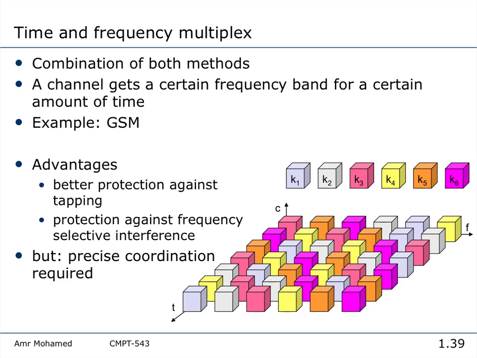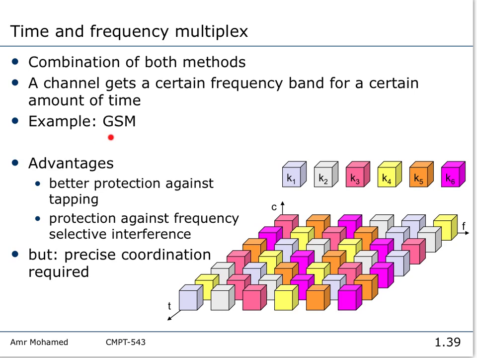In 2G بقى اللي هو GSM, they started بقى to have some dynamic behavior. It's because they said allocating the frequency all the time in a fixed way is not efficient because there's no way you can guarantee that you allocate a frequency all the time to a user and he always has data to send.